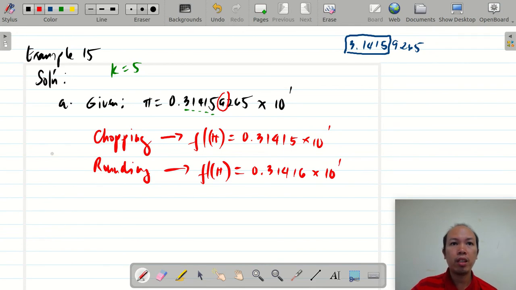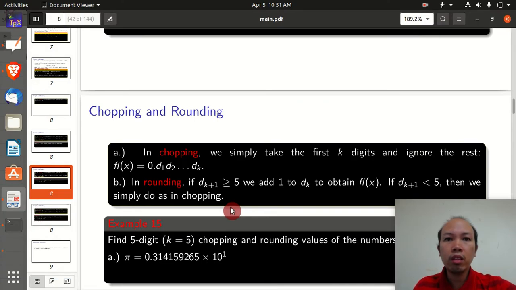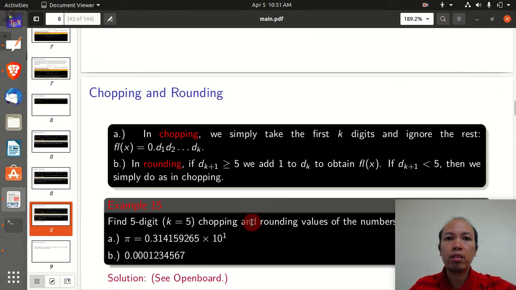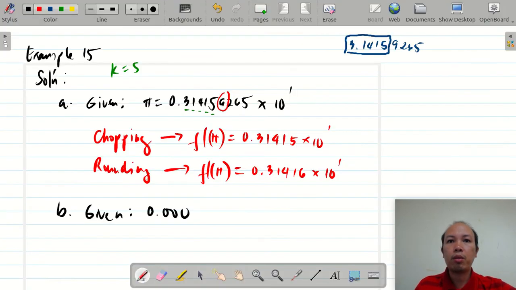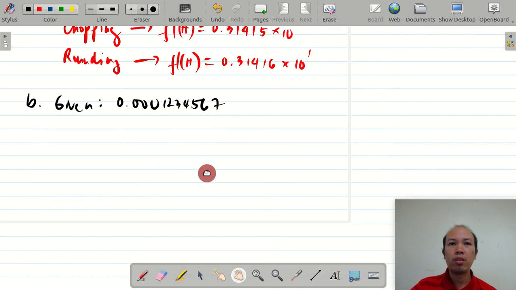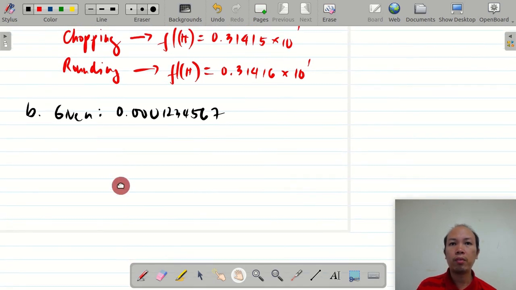For letter B, our given is 0.0001234567. First you have to write the given in the normalized decimal floating point representation.